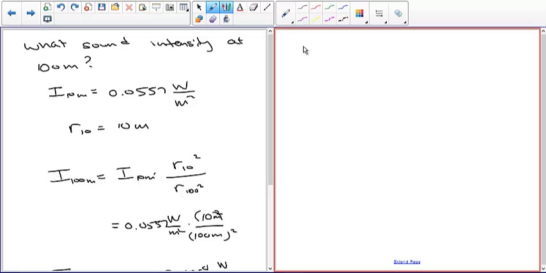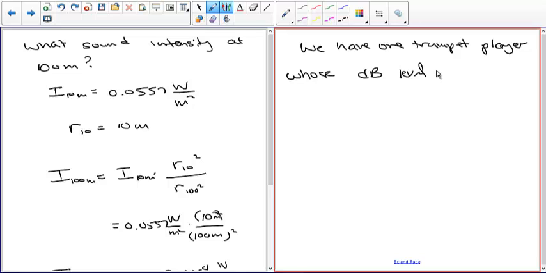Say we have 1 trumpet player whose decibel level is, at a given radius, 80 decibels.